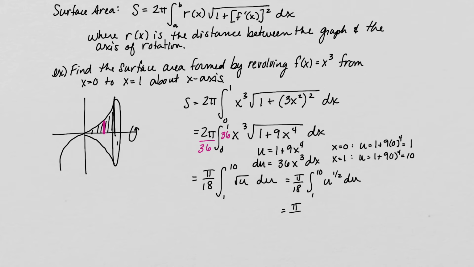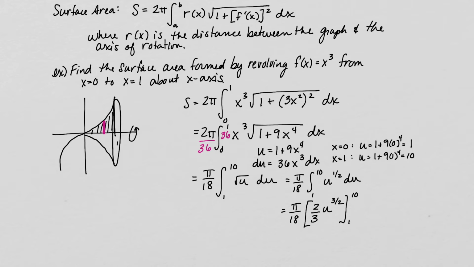So that's going to be pi over 18. What's the integral of u to the 1/2? Yeah, 2/3 u to the 3/2. So 2/3 u to the 3/2, evaluated from 1 to 10.